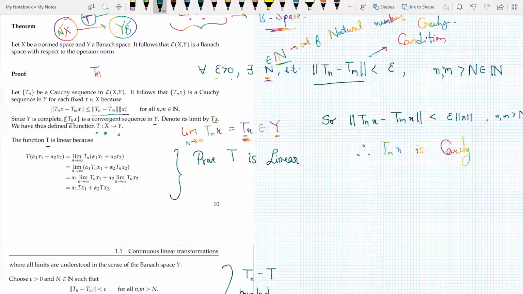And since my Tn is linear, I can take this Tn inside and put the alphas outside. And now I know that the limit as n tends to infinity of Tn x1 is nothing but Tx1, and the limit of Tn x2 is nothing but Tx2, because Tn tends to T. And therefore, if I look at this and this, I see that my operator T is linear.